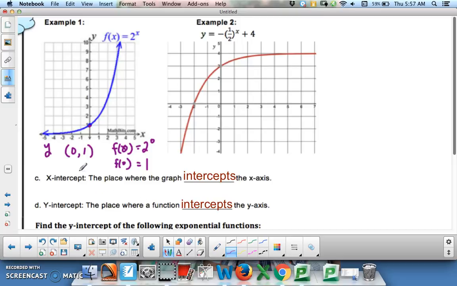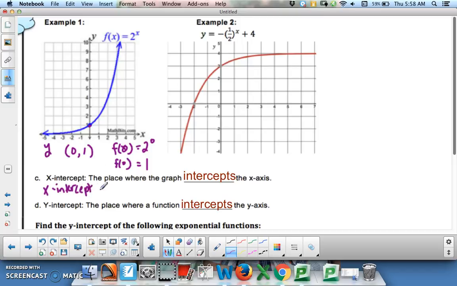The x-intercept is a bit interesting here because we just finished talking about asymptotes and the fact that this thing is approaching the line y = 0, but never actually touching it. If it never reaches a value of y = 0, then that means it never gets an x-intercept. Therefore, there is no x-intercept.